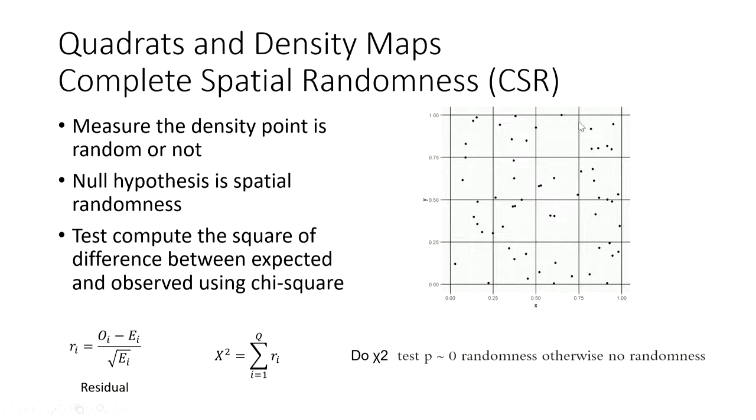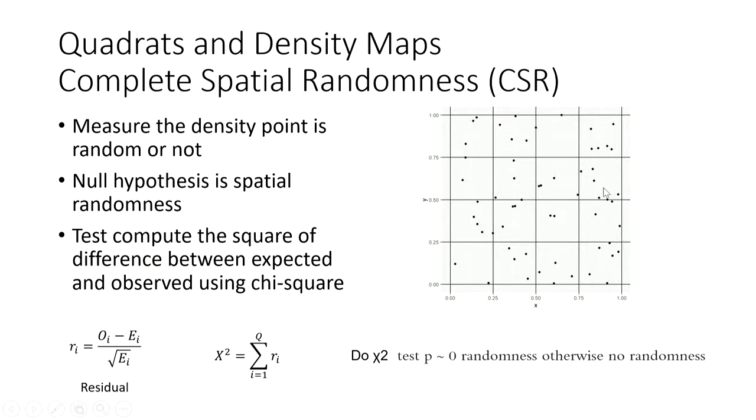In this case we take a regular interval of grid cells, like here a 4 by 4 grid, and based on it we count the number of events which have occurred in each cell and compare it with the average. Let's say you have 64 points in this whole area and 16 different compartments.